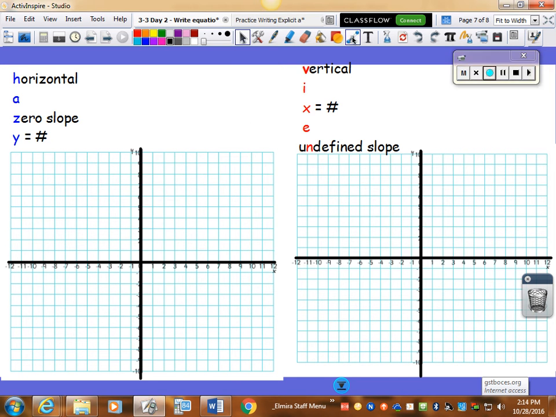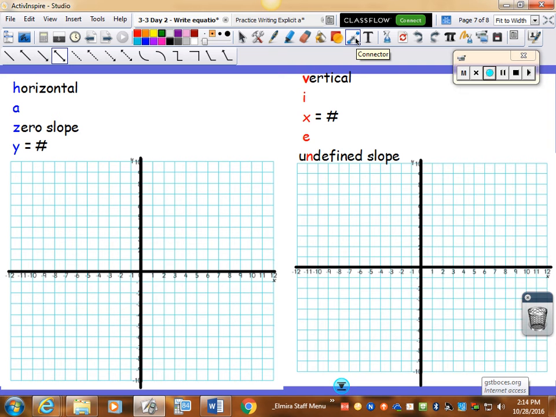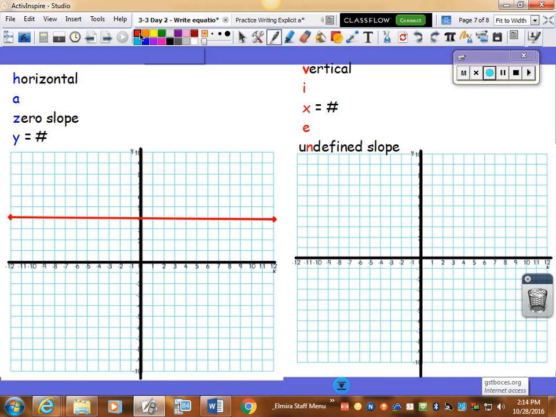So if I draw a horizontal line on my graph, let me just pick a spot and draw one. What hazy is going to help me remember is that a horizontal line has a 0 slope.